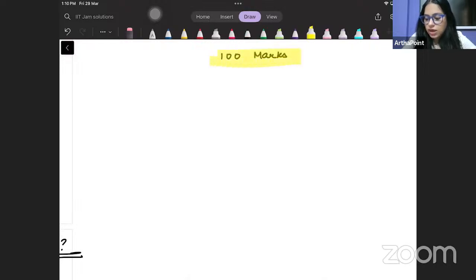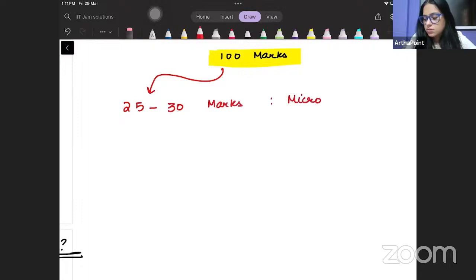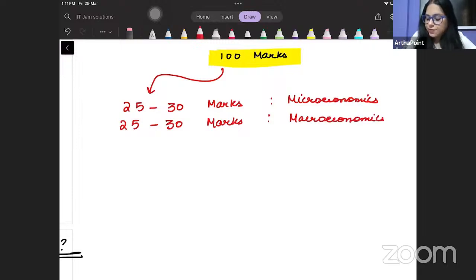So try to understand that in the 100 marks paper that we talk about, IIT JAM, approximately 25 to 30 marks can be dedicated to microeconomics. Right? Approximately 25 to 30 marks can be dedicated to macroeconomics. Right, beta? 15 to 20 marks dedicated to maths.